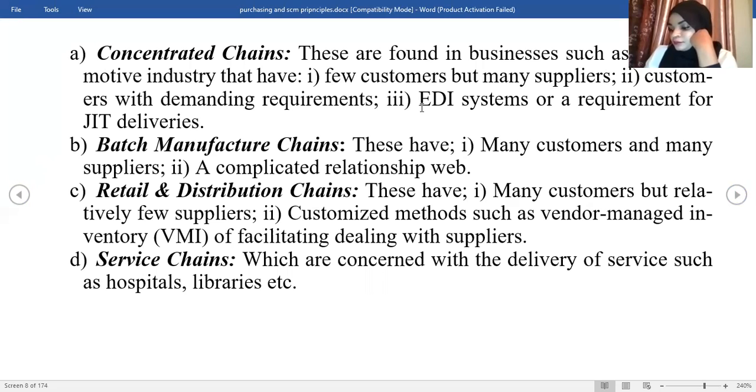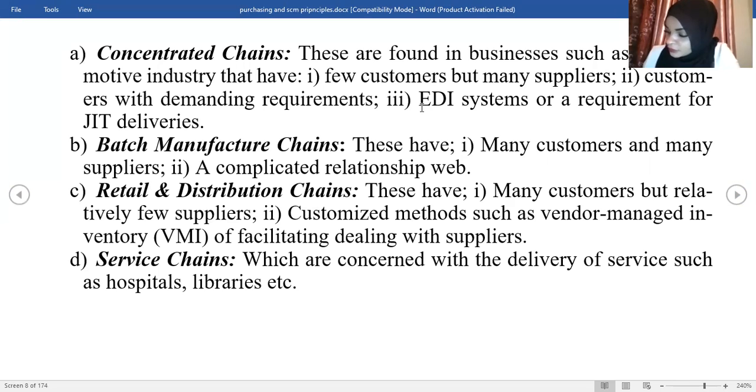For example, an example of an electronic data interchange system is the one that is used in supermarkets, where you go there with your items, they scan them, and the system is able to generate a receipt for you. So that is an example of an electronic data interchange system. So EDI is electronic data interchange system.